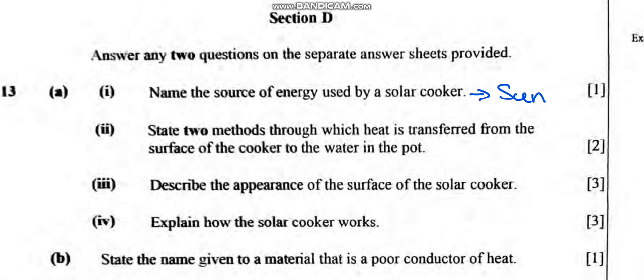State two methods through which heat is transferred from the surface of the cooker to the water in the pot. The surface of the cooker is actually radiation, and to the water now from the pot, that one is conduction.